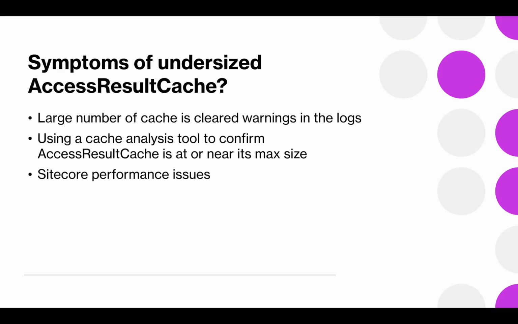Any way you can view what the cache is doing will be enough. And finally, the last symptom is just general Sitecore performance issues. The site is slow. Maybe you click on certain items and the content editor is not loading fast, or any number of performance issues really.